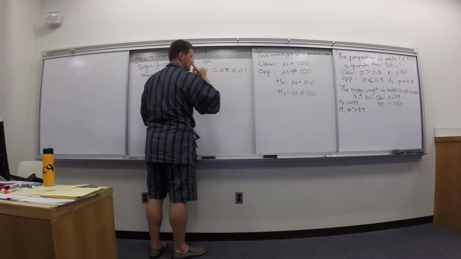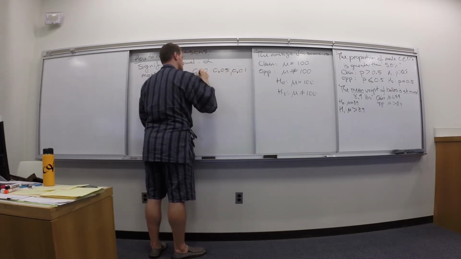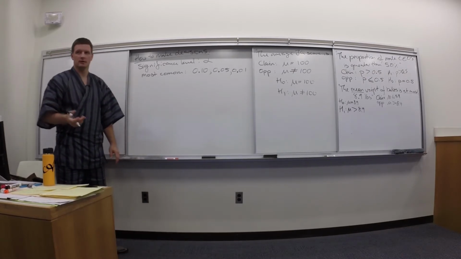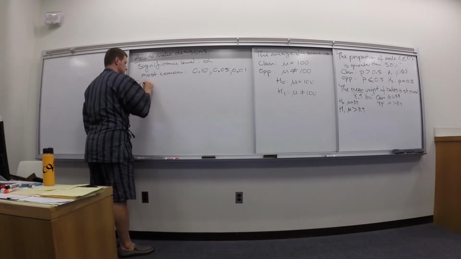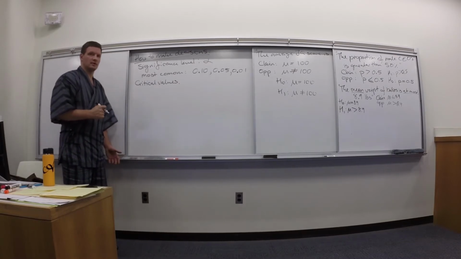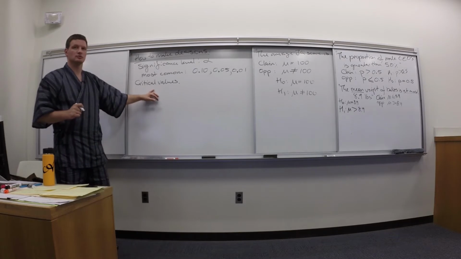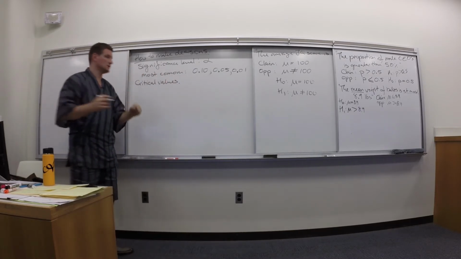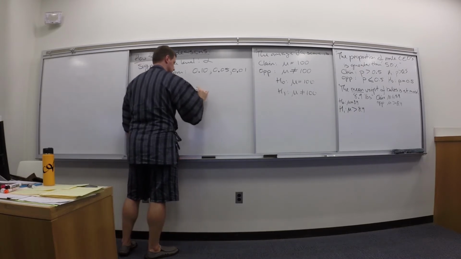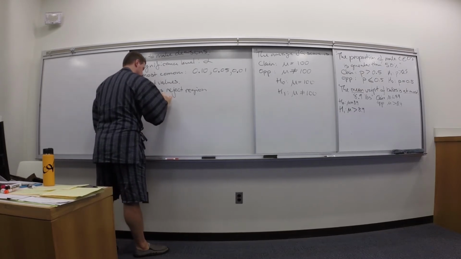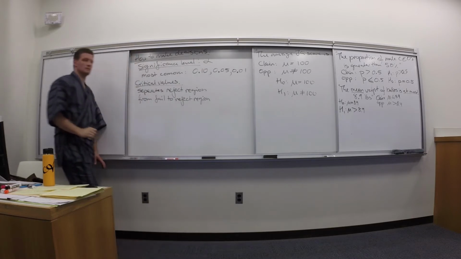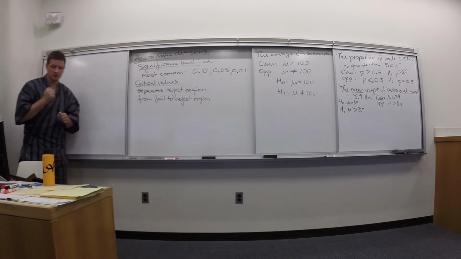Now, when we talk about alpha, when we're talking about confidence level, we talk about critical values. In our case, critical values would separate the reject region from the fail to reject region.